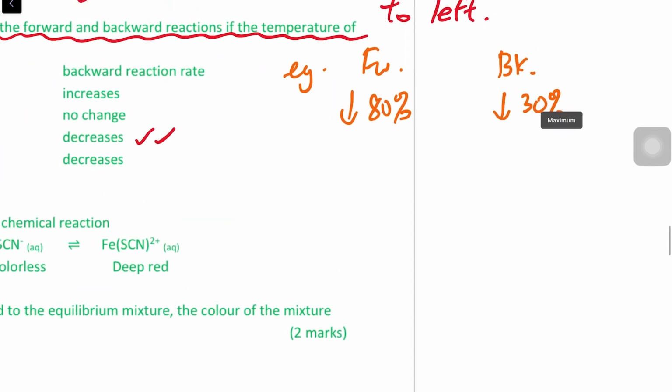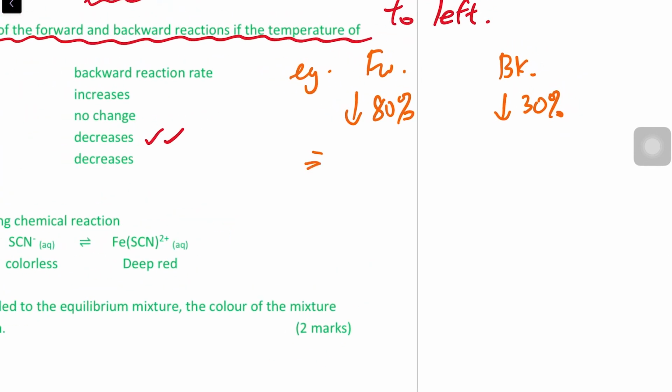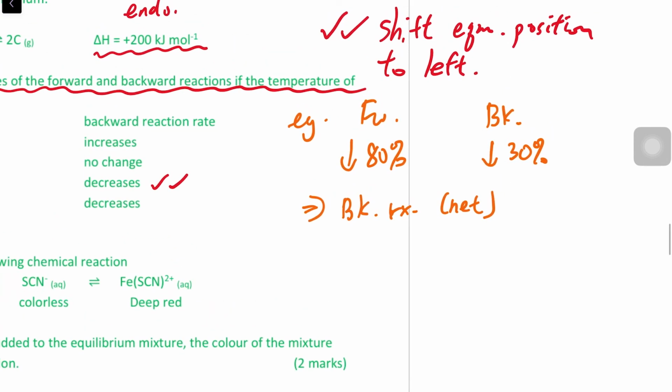If they decrease like this, finally you can see the backward reaction is the net reaction and fulfills what we expect, the equilibrium position shifts to the left. So actually the two ideas do not contradict each other.